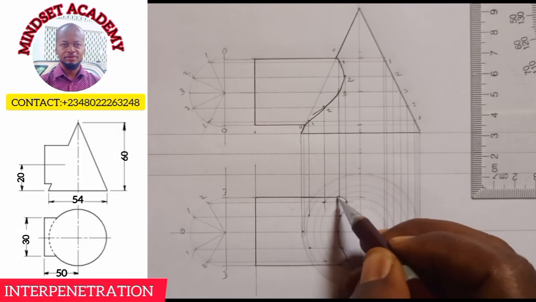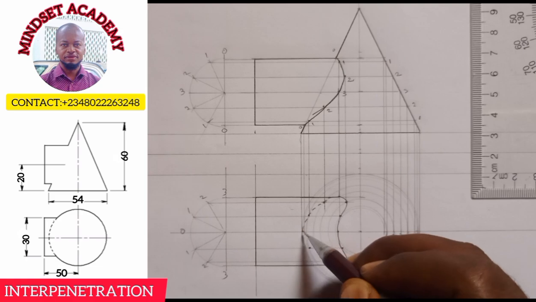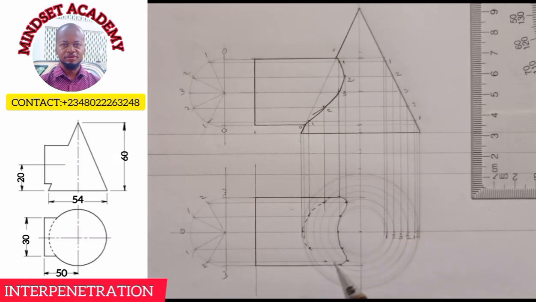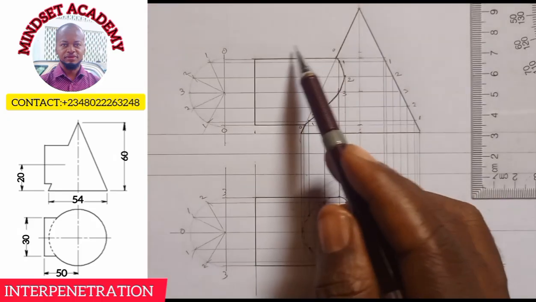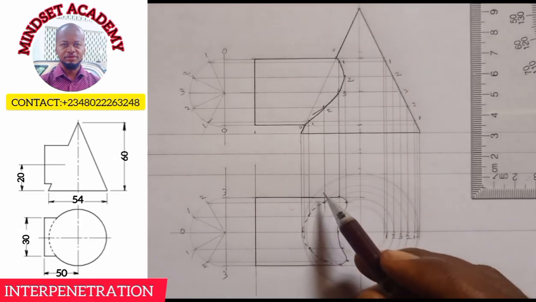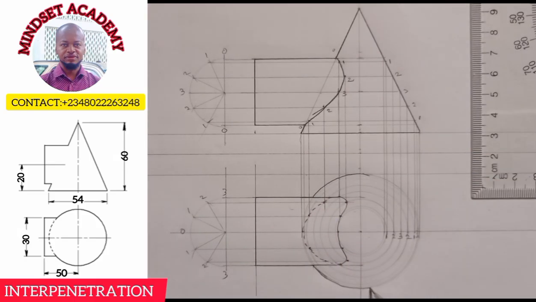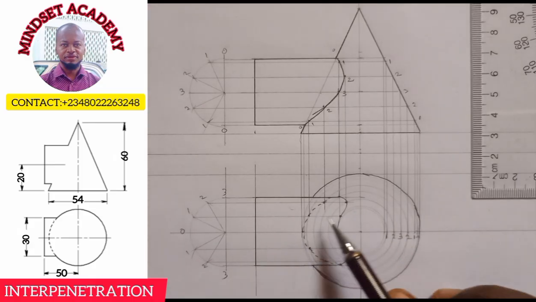Then all this will be hidden. Use your French curve. Why? Because this side is blocking all these parts here, so you cannot see here. Then you can now take in the outside circle. So this is what we have. We have successfully drawn out the curve of intersection and the complete plan.